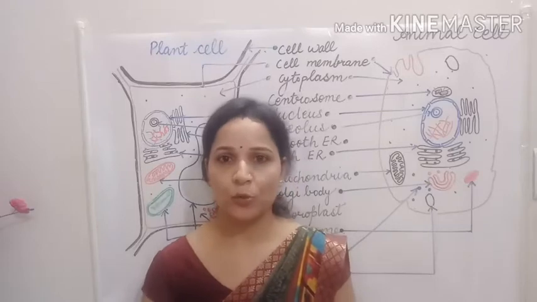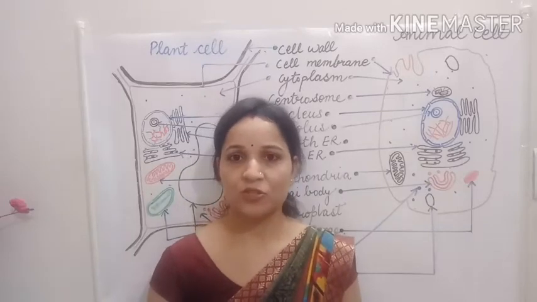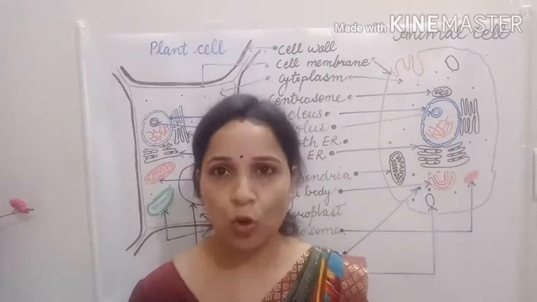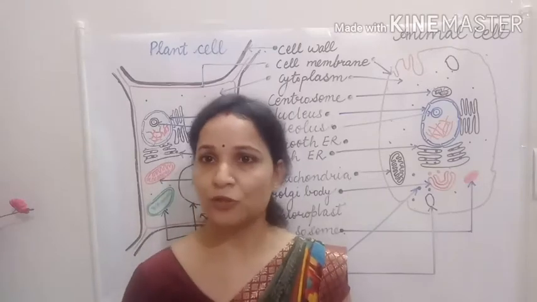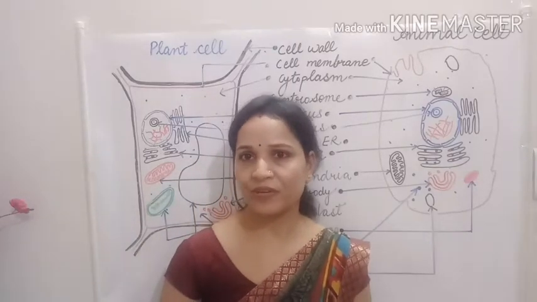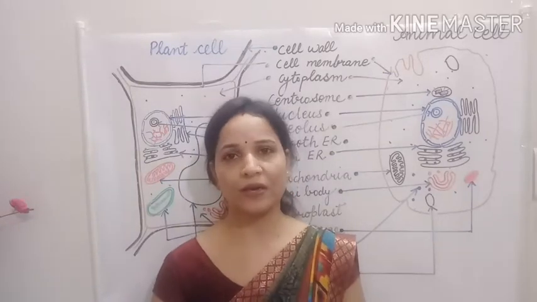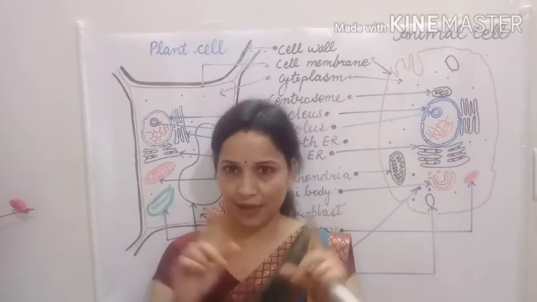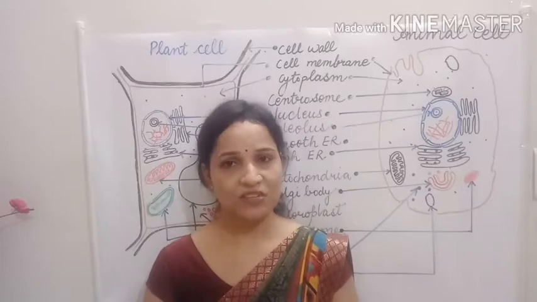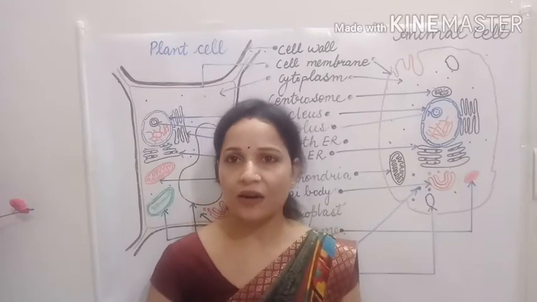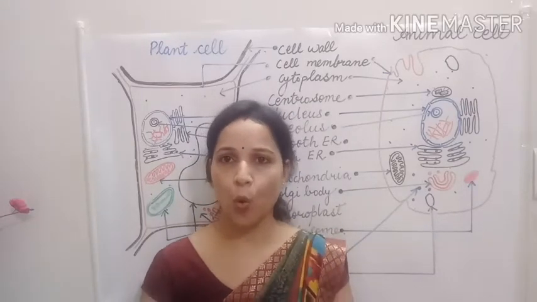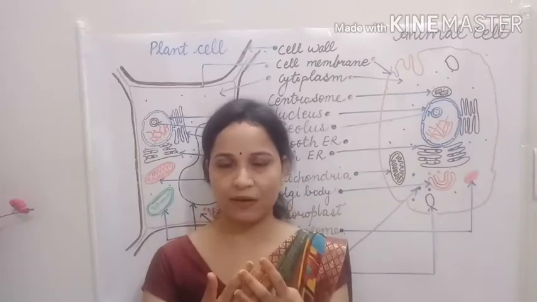Now the question arises, what is selectively permeable? I would like to tell you one example. Just like stomata. As you all know, stomata are present on the lower surface of leaves, and each stoma is surrounded by a guard cell. Now, what is the function of the guard cell? The guard cell is responsible for opening and closing of stomata.